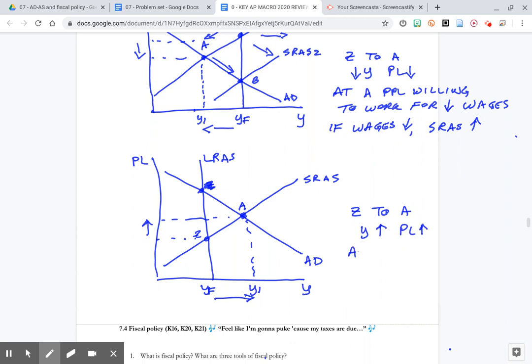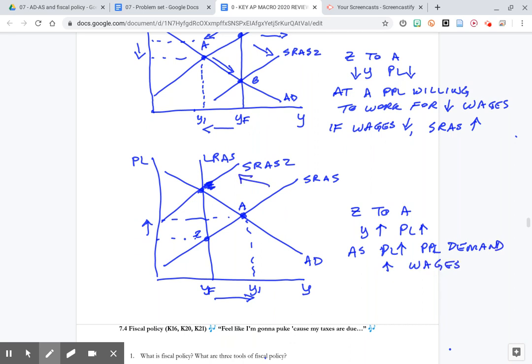As the PL rises, people demand higher wages. And in the long run, the short run aggregate supply curve is going to shift to the left.